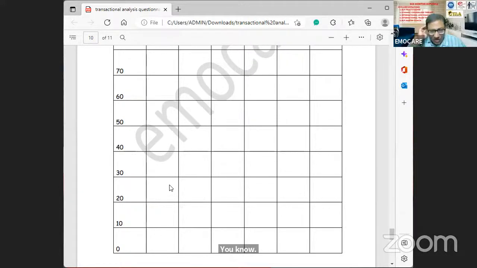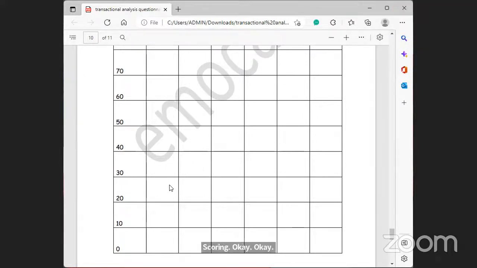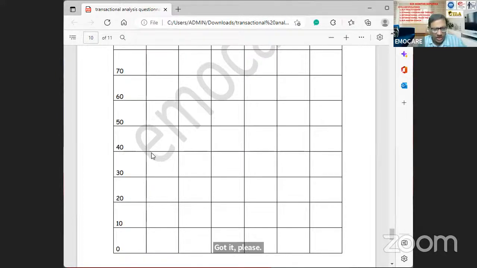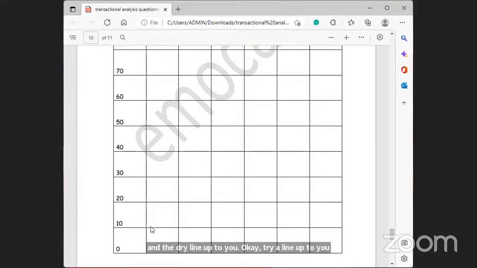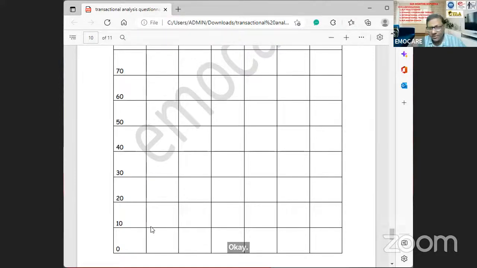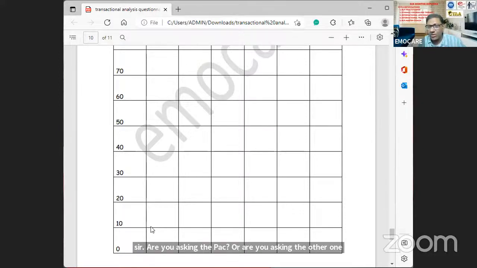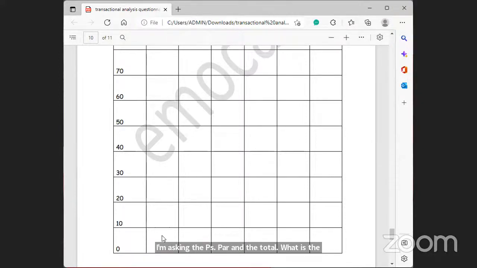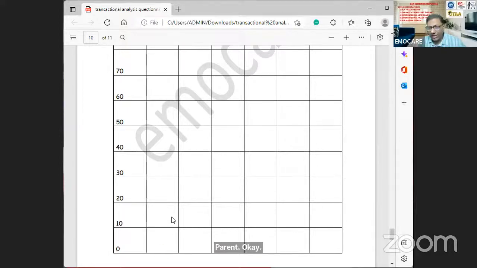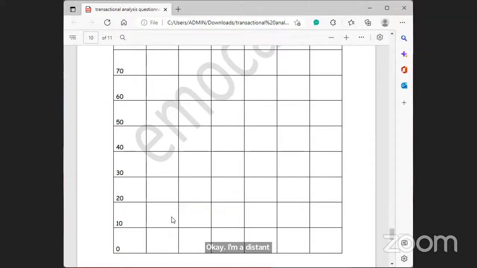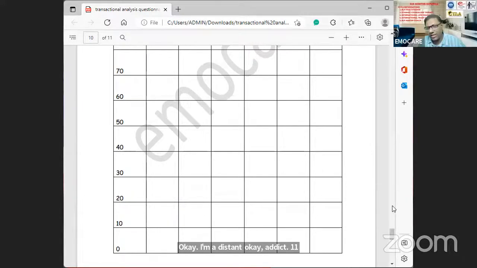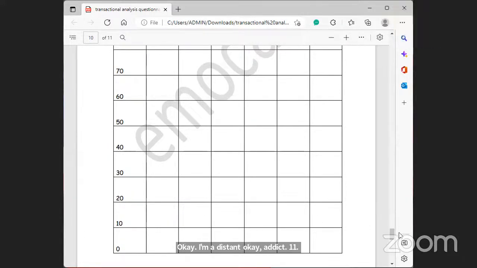I don't want the scoring, I want only the total. P is 40. Make it 40 and draw a line up to here. I'm asking the PAC total. Parent is 10. Adult is 11. Child is 12.